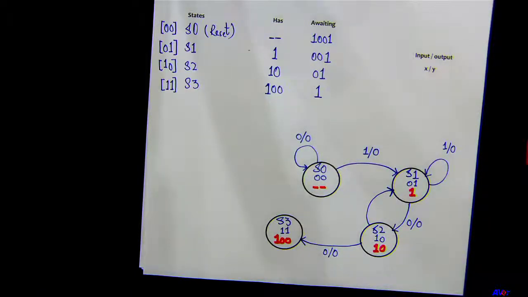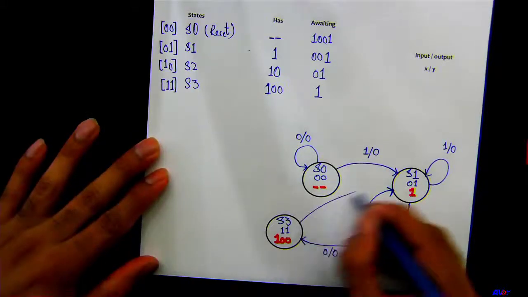Okay, now the present state is S3. 1, 0, 0 has been received. It's looking for 1. 1 comes in, where does it go? What would be the next state? S0? Okay, all right. Anybody else? Yes? S1. Why? Because we're doing overlap. So this goes here.